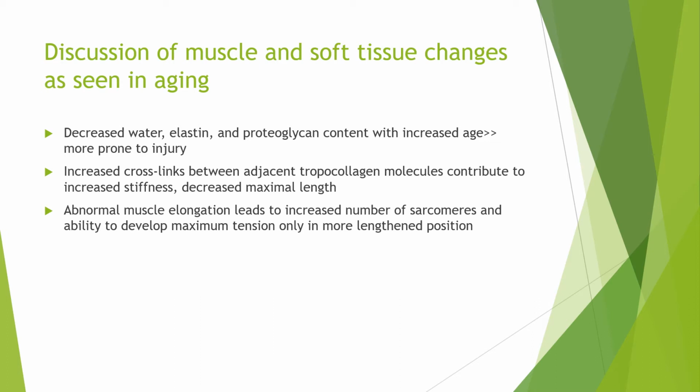So when our patients start to tell us that they're a whole lot stiffer than they ever used to be as a younger adult, there are some specific molecular changes that do happen to cause this. And abnormal muscle elongation leads to increased number of sarcomeres and ability to develop maximum tension only in the more lengthened position.